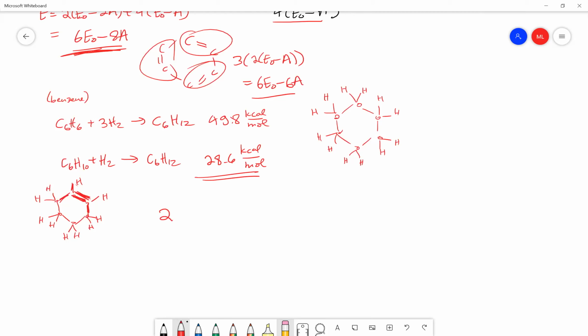So we can actually get what 2A is. 2A must be the difference between 3 of these double bonds and the benzene. So it's 3 times 28.6 minus the energy associated with breaking up the benzene ring, all of them in the delocalized state, which is 49.8 kilocalories per mole.